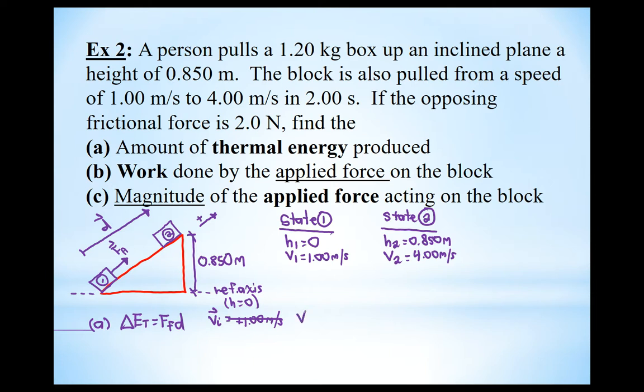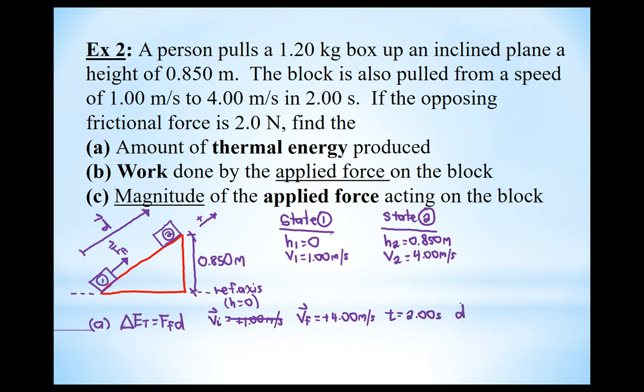And then my final velocity is positive 4.00 meters per second. That's up at the top. And it tells me how long it takes to do this. That's t, equal to 2.00 seconds.